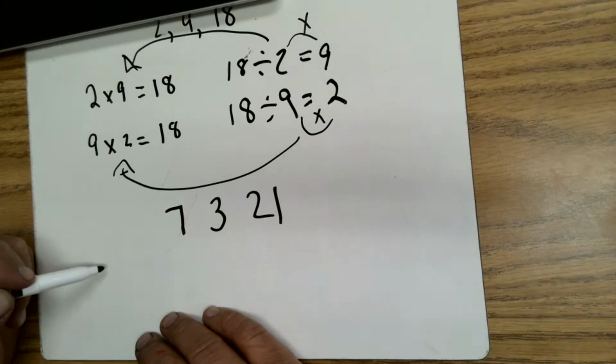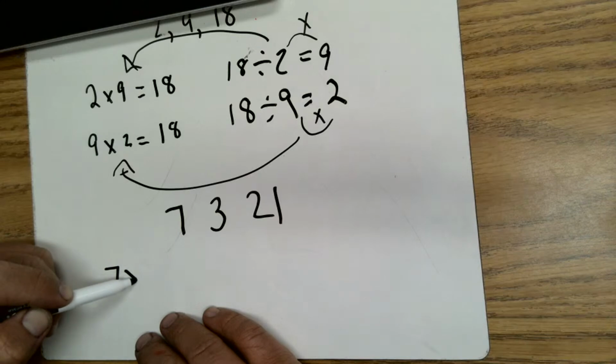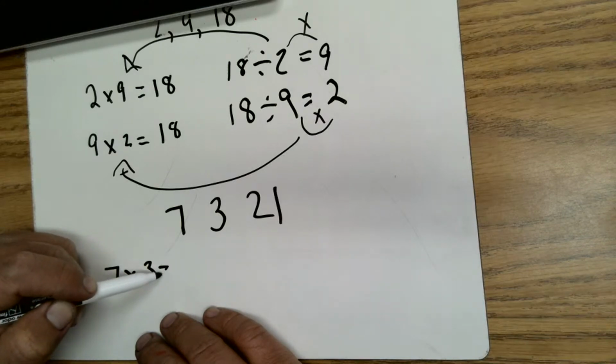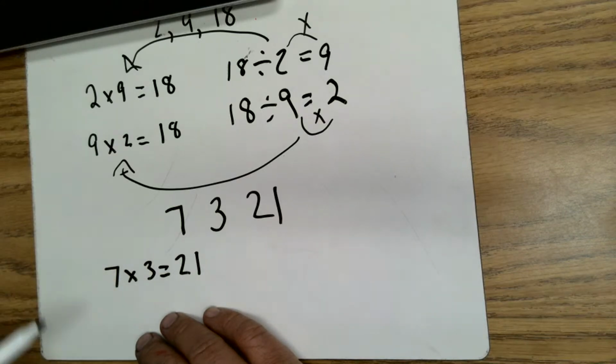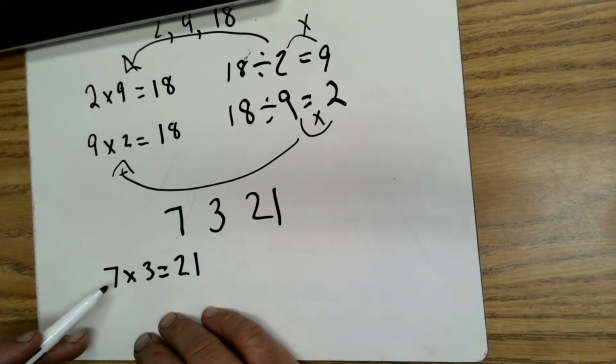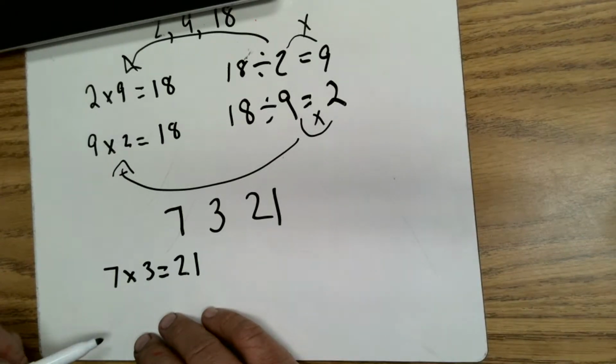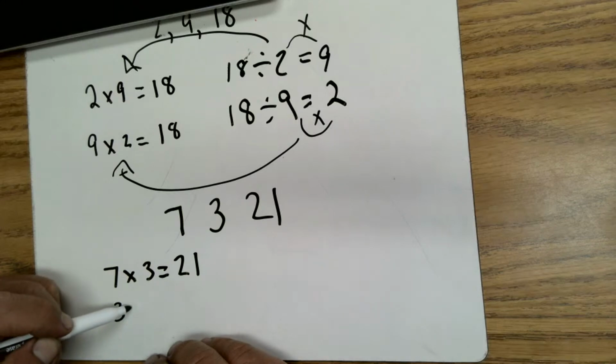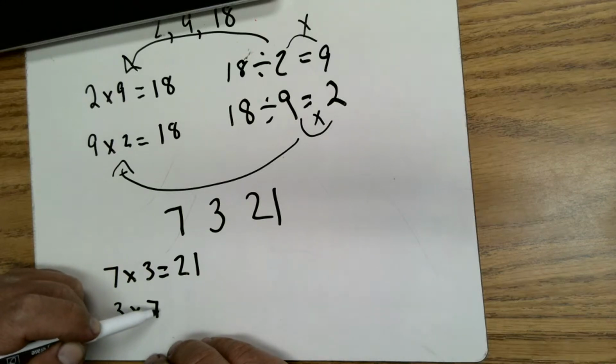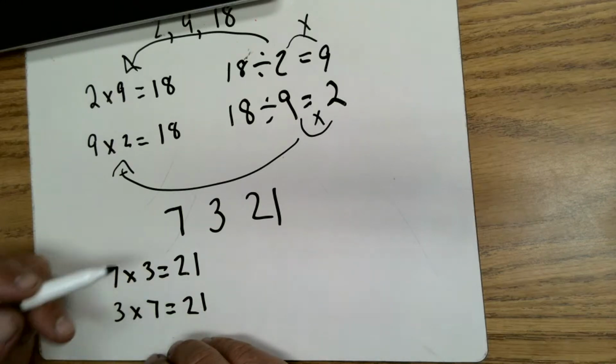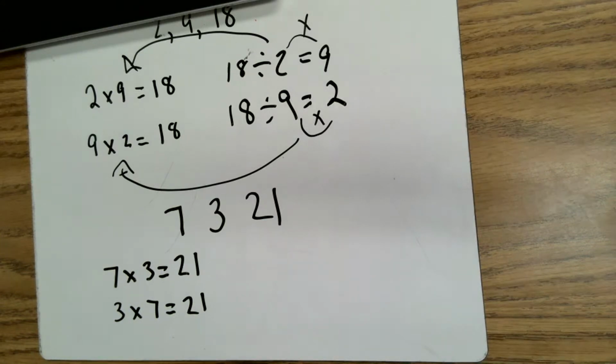Here, you can multiply 7 times 3 equals 21, again using the associative property. 3 times 7 is also 21.